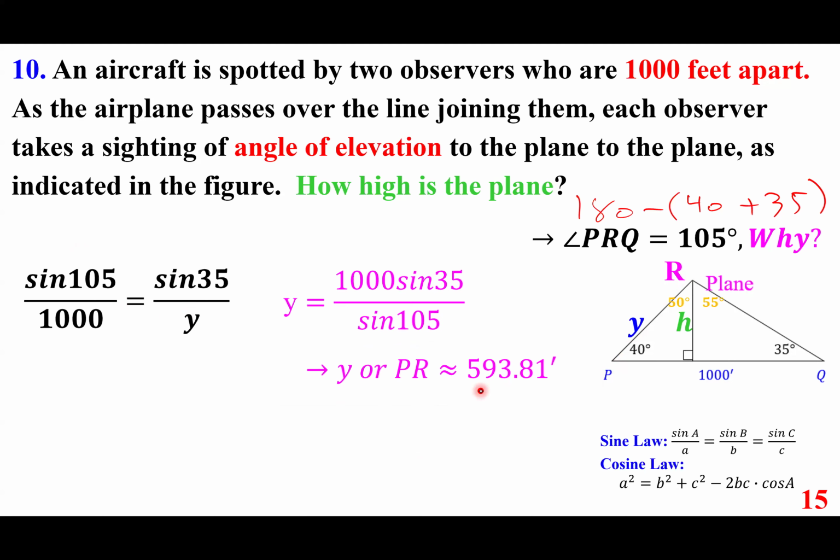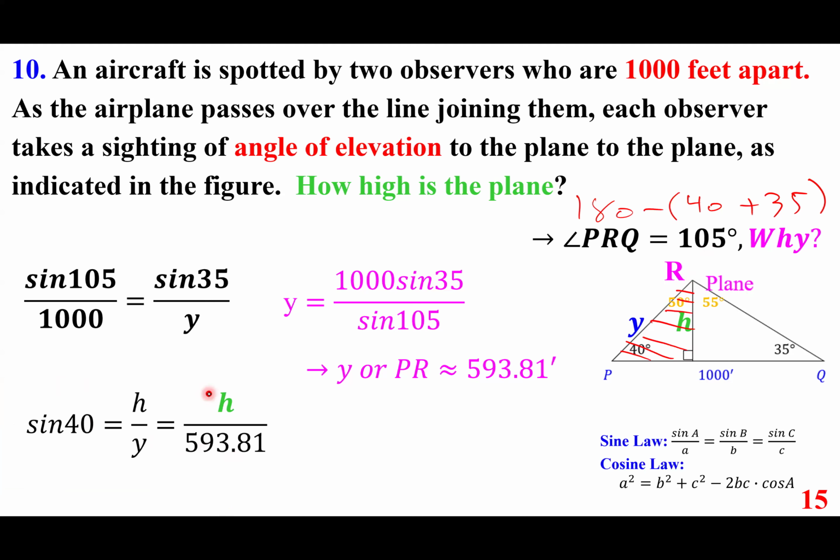Now you have several ways. The fastest and easiest way would be the tangent of this angle, 40 degrees, is the opposite, h, over the hypotenuse, y. We are talking about this side, okay, this little angle, this little triangle. And so plug in y and find h by cross multiplication.